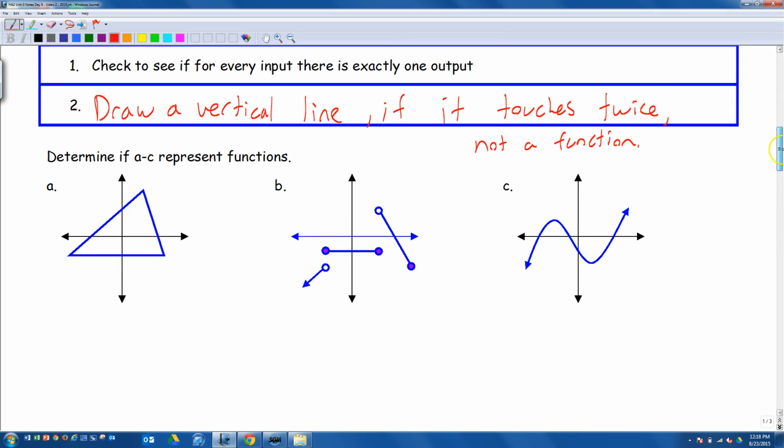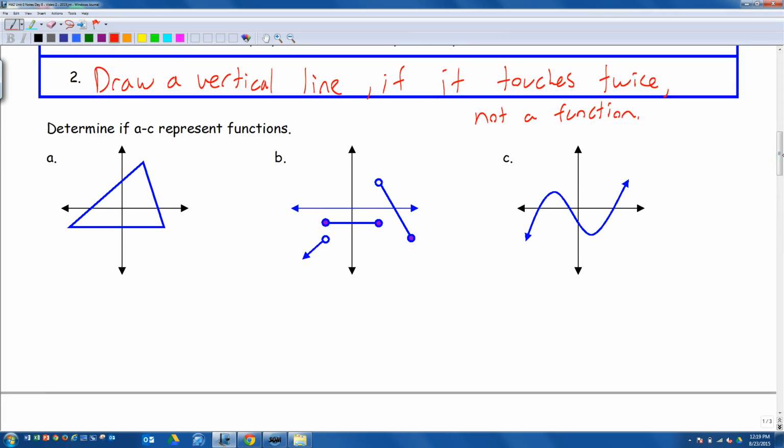Okay? And again, that's because if it touches twice, that means that there are two outputs for that x value, because a vertical line is an x value. So if I said x equals -1, I'm going to draw a vertical line. If I said x is -1, you would tell me, oh, there's two outputs, one here and one here. You can't have that for a function, so it's not a function.